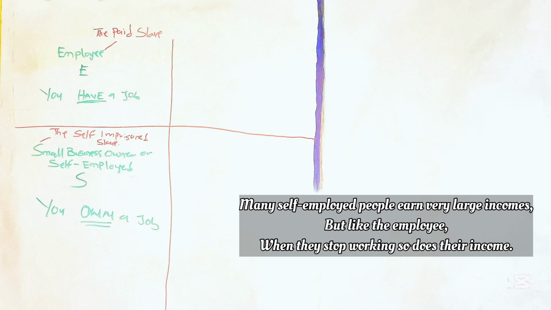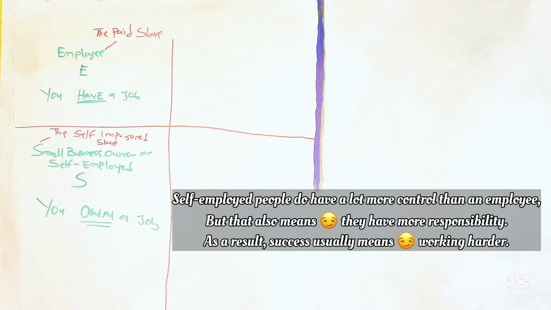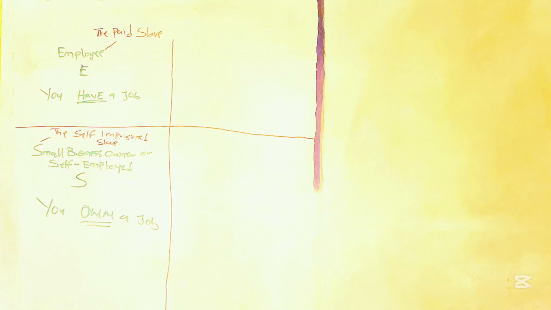Many self-employed people earn very large incomes, but like the employee, when they stop working, so does their income. Self-employed people do have a lot more control than an employee, but that also means they have more responsibility. As a result, success usually means working harder.